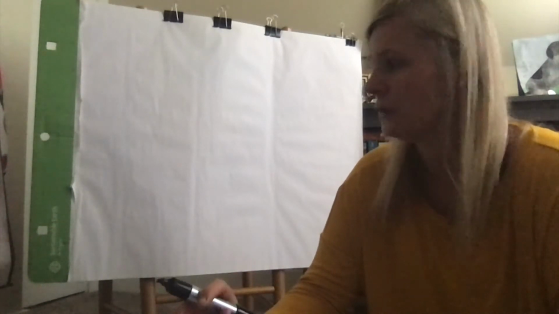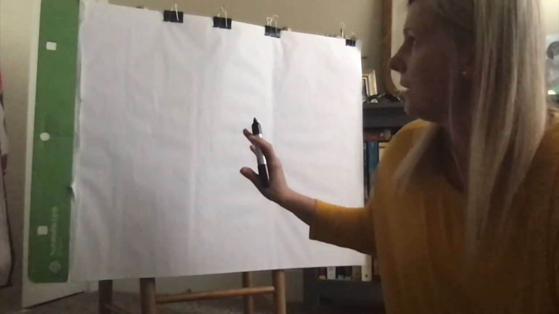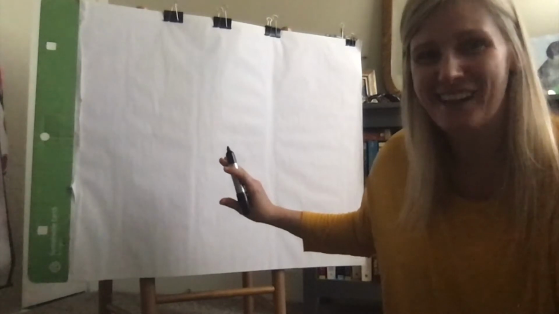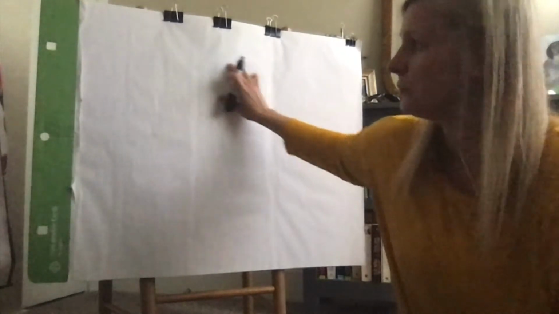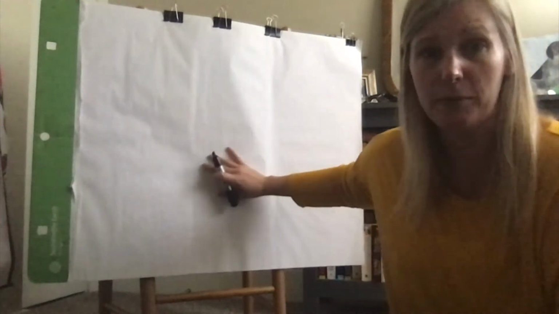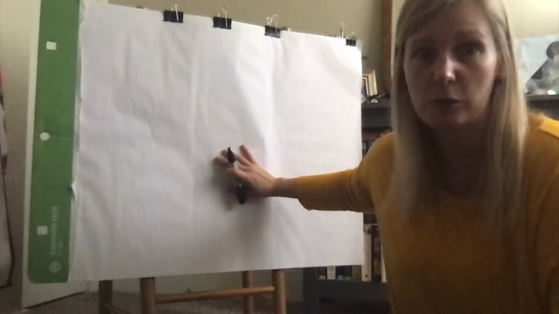First, I'm going to show you what a graphic organizer looks like, and I'm just going to demonstrate for you how to create one on your own at home. So this would be like for you, maybe a piece of copy paper or a piece of blank paper or maybe a piece of notebook paper.